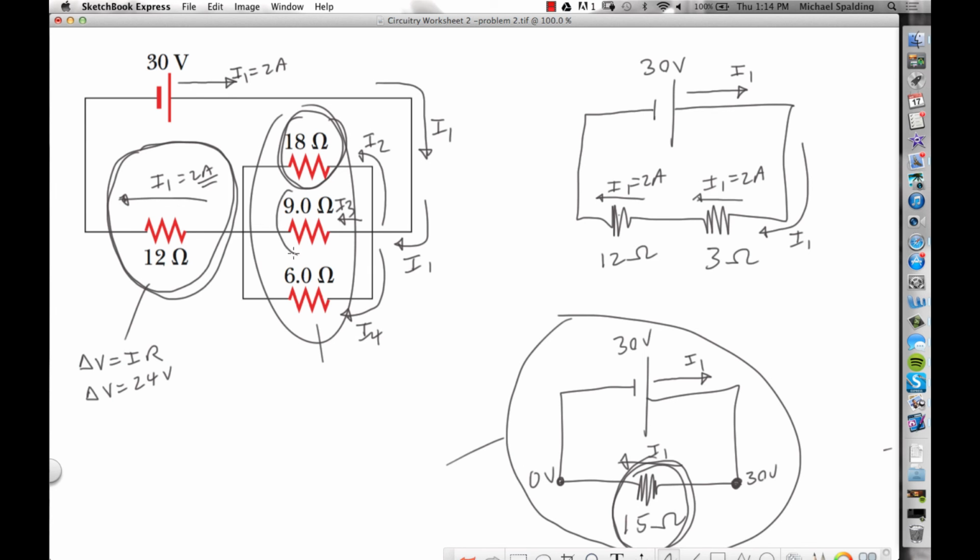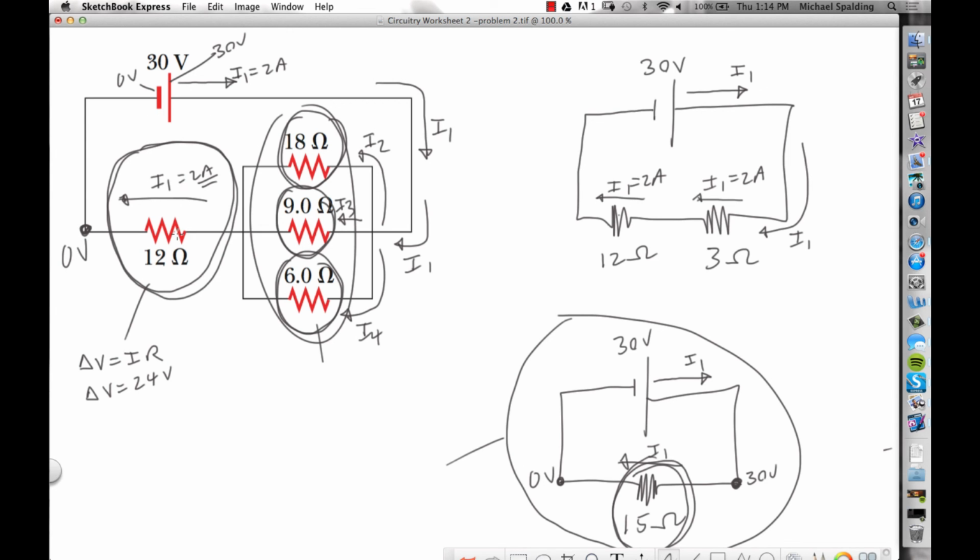Okay, how do we figure out the voltages across these guys, the 18, the 9, and the 6? Now look, guys, you could actually figure it out from this diagram. Look, 30 volt battery, 0 and 30, right? So over here we got 0.